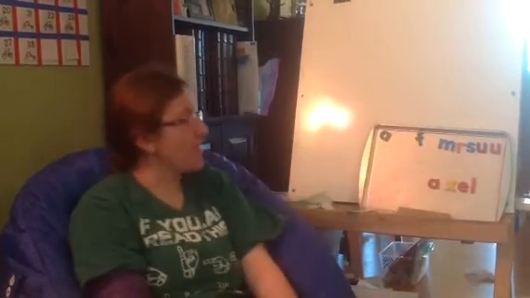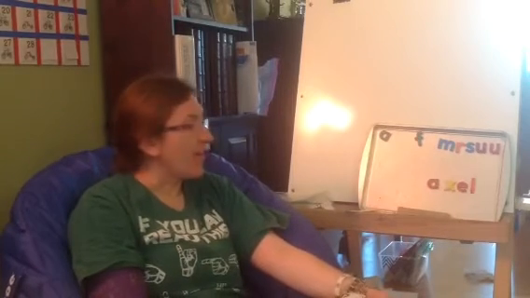Next I'm going to get rid of the S, and I'm going to add an E, L to make the word axle. An axle is the part of the car that holds your wheels on. So if you don't have axle, you can add it to your list.